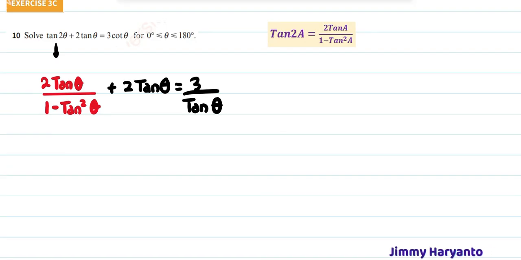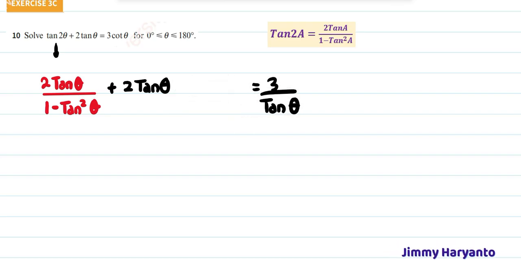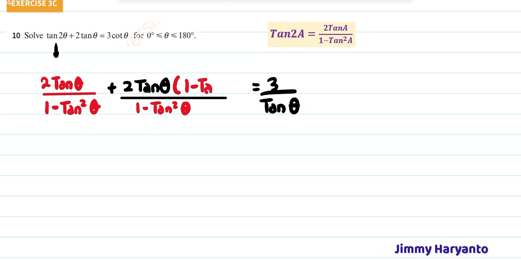So after this, I want to make the denominator equal for the left hand side. So I will multiply by 1 minus tangent square theta for this one, that means 1 minus tangent square theta for this one also. Okay, let's simplify this.